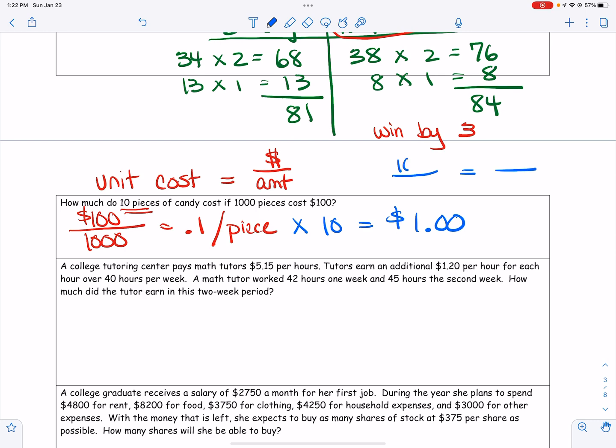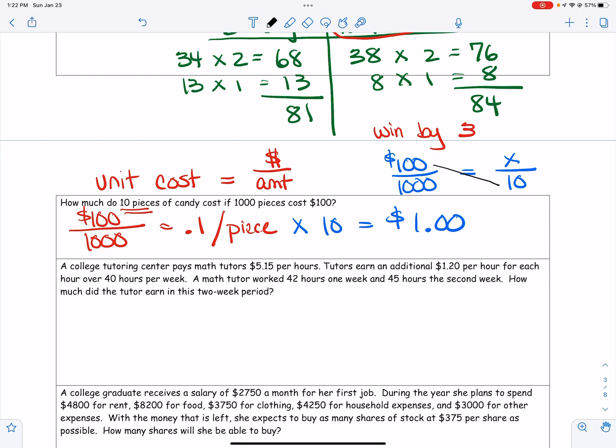You can have $100 over 1,000 pieces, and you want to know how much it costs to buy 10 pieces. So then you would multiply and divide, and you would get the same $1.